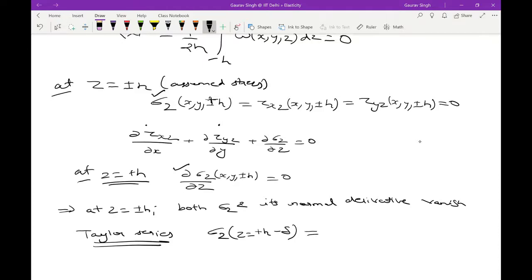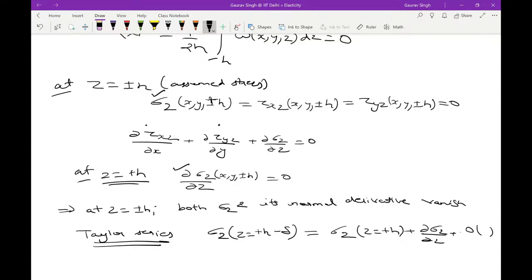Then you can write it in a form in which you will have sigma z at z equal to plus h plus some sort of a derivative and then the higher order terms.